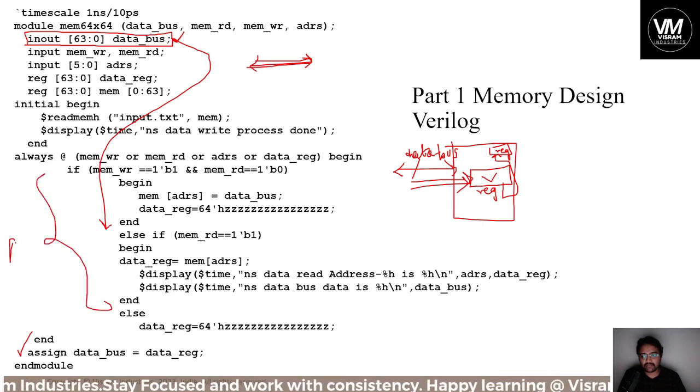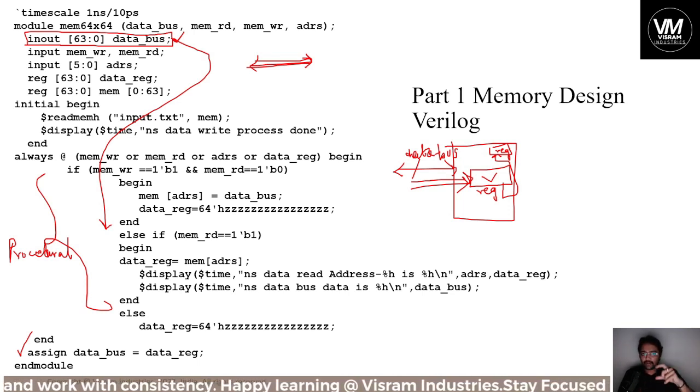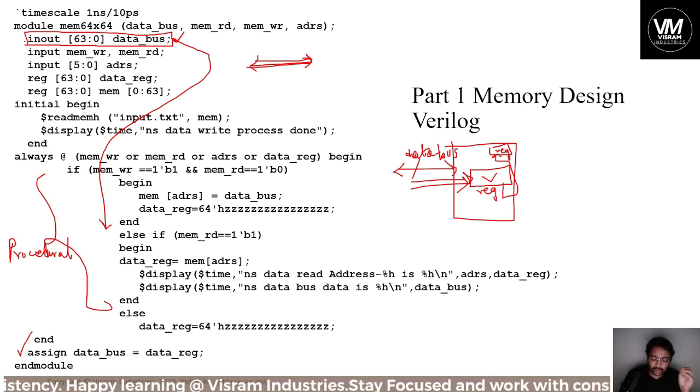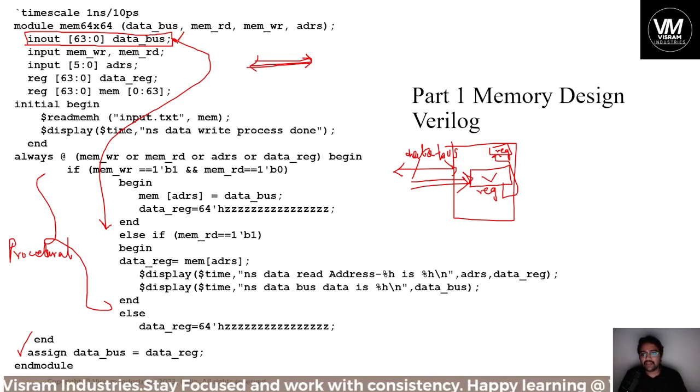This is a procedural block. If we try to consider it, there will be a conflict of operations. So to avoid that conflict, we don't consider the in-out type of data bus or any other variable. The type of wires or the functionality, we can't use it in the read process, in the procedural block.